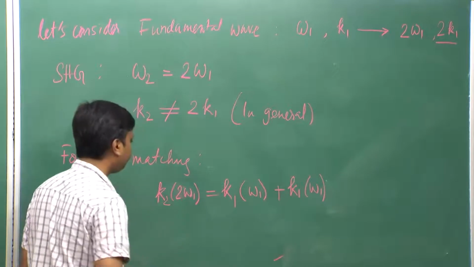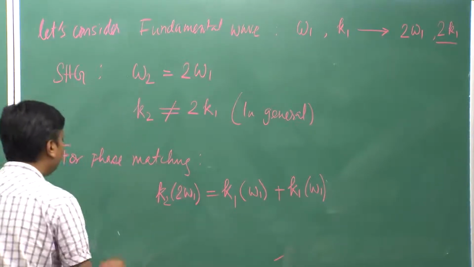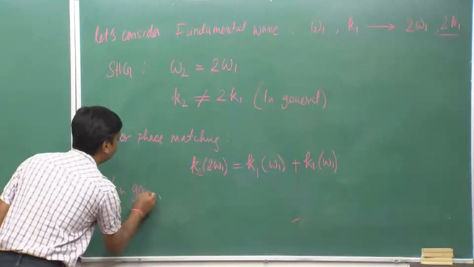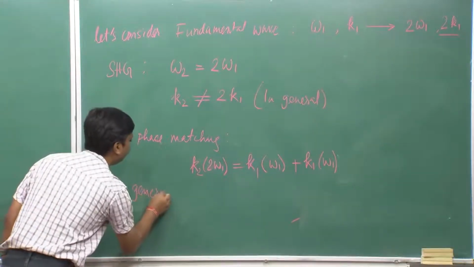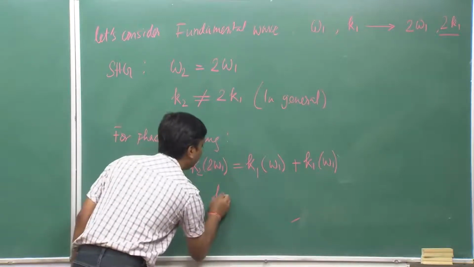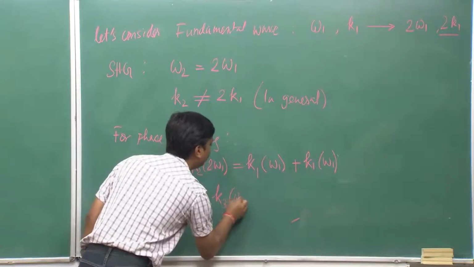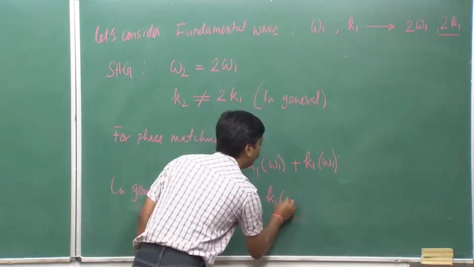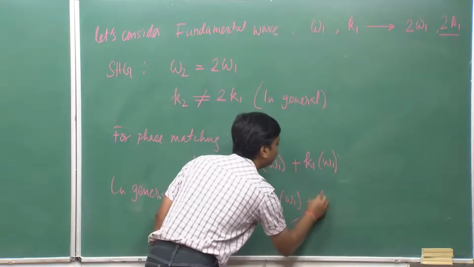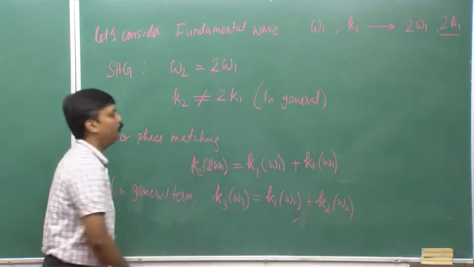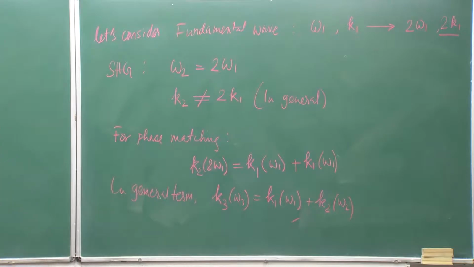And if I write it in general terms, I can write K3 omega 3 equals K1 omega 1 plus K2 omega 2, when I am not certain if omega 1 equals omega 2. Okay.